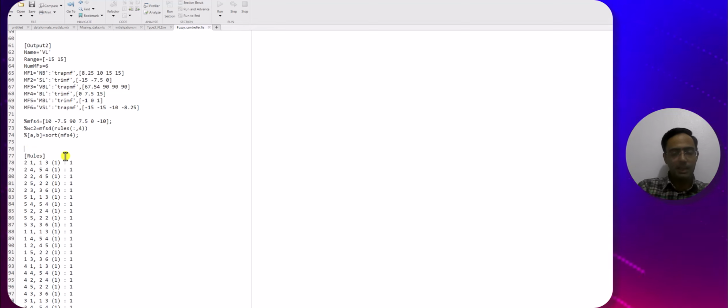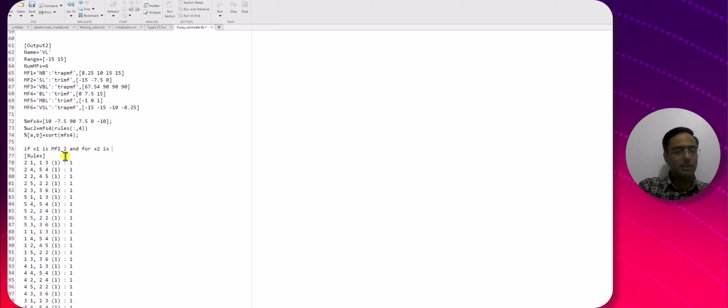As you see here, let me write the rule information for the first one. For the first rule, we have: if x1 is mf2, for the first input the second mf is fired, and x2 is mf21, then the output is fired.